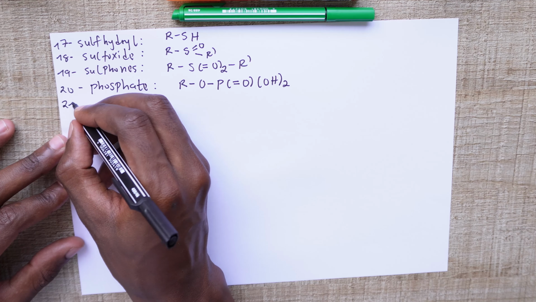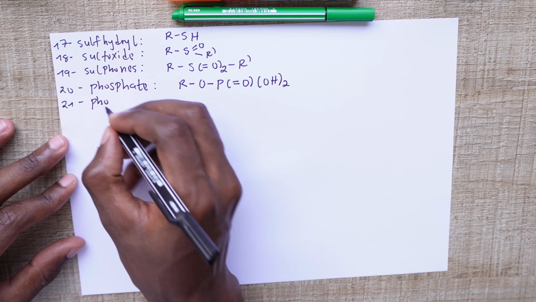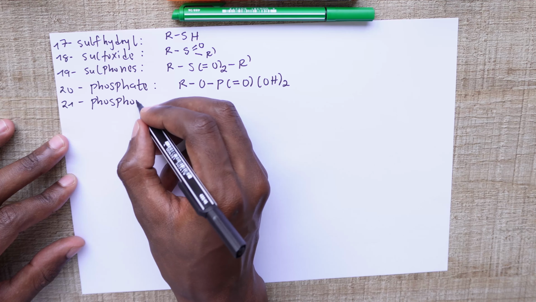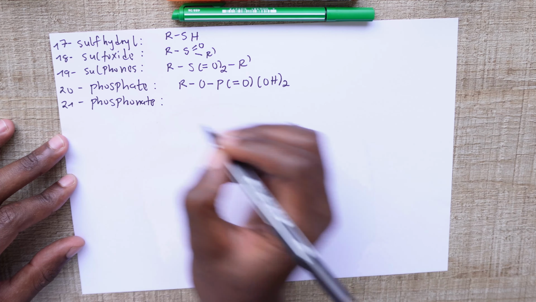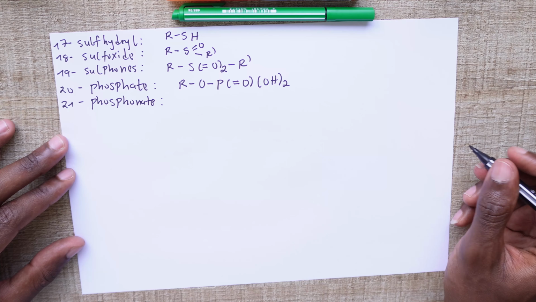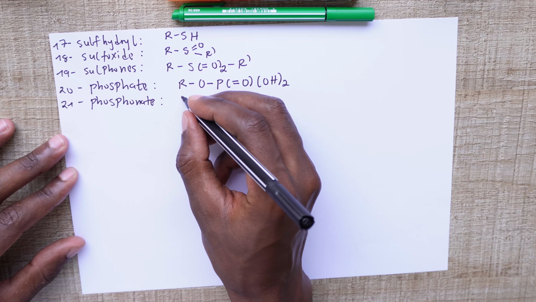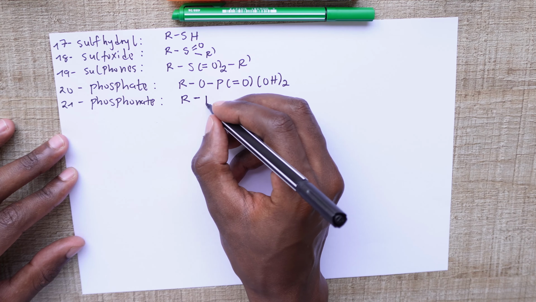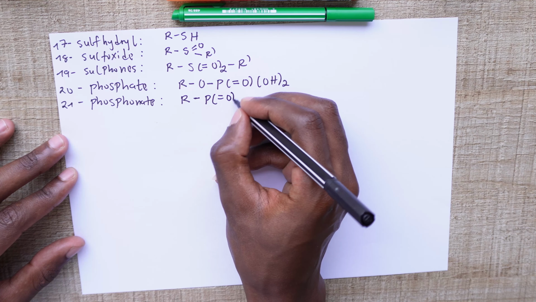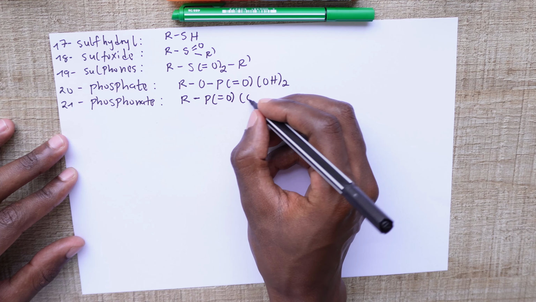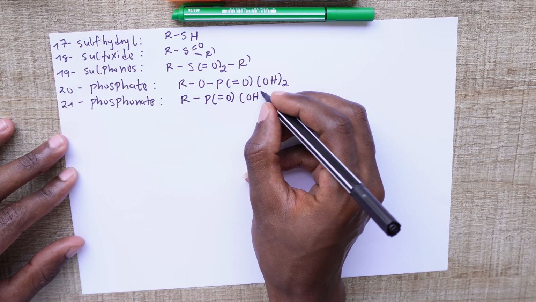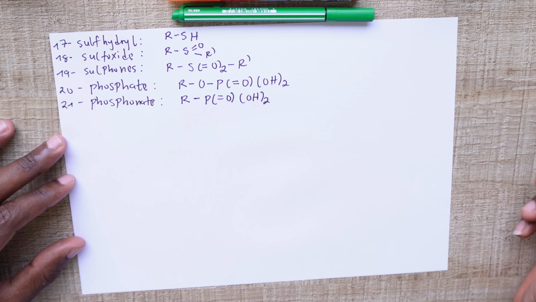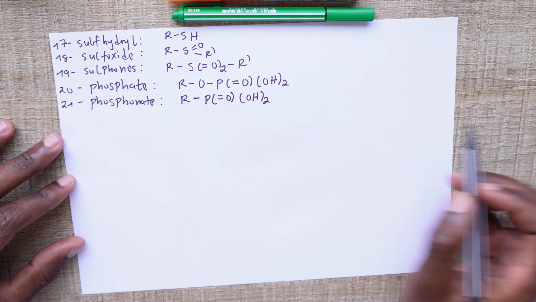We have the phosphonates, which have a group very similar to the phosphates, but for a small difference: without an oxygen here. So here we have 4 oxygens, and here we have 3.